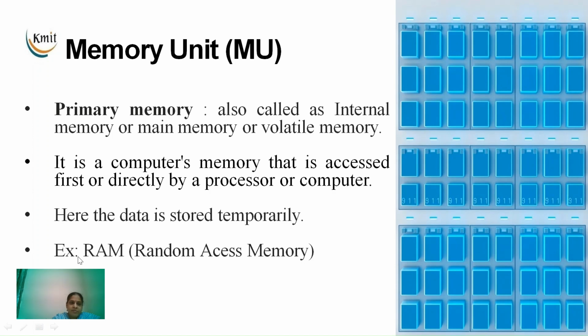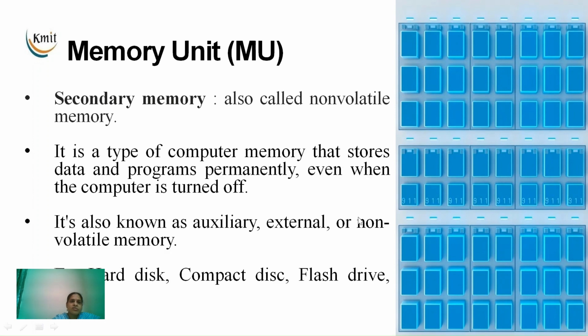An example of a primary memory is your random access memory. Next, coming to the secondary memory, it is also called non-volatile memory. We call it non-volatile memory because it stores your data as well as your programs permanently, even when the computer or power is turned off. That is the reason we call this memory non-volatile.